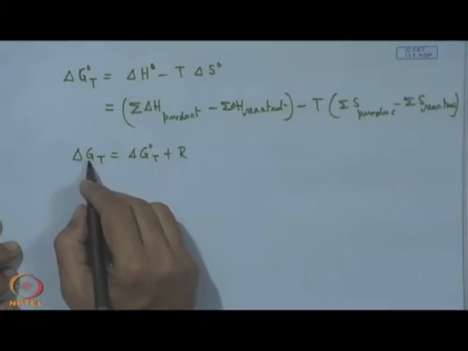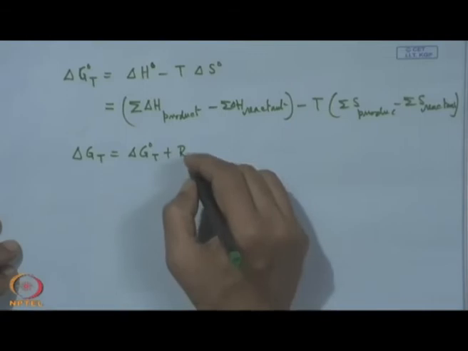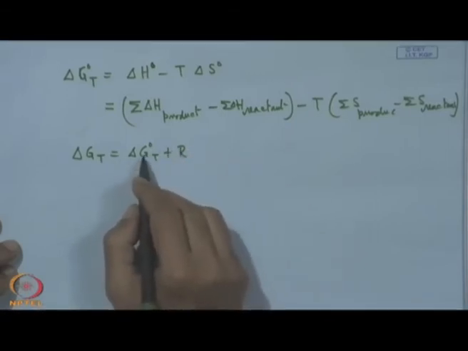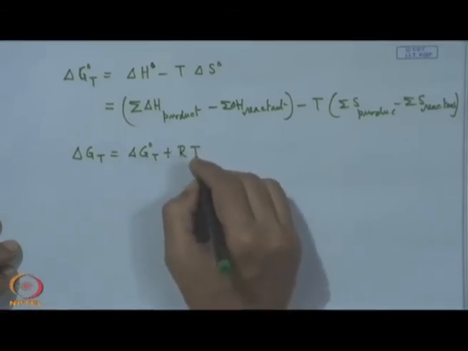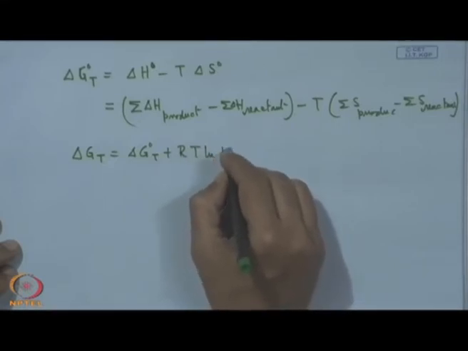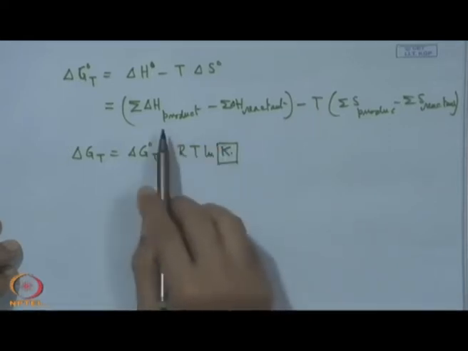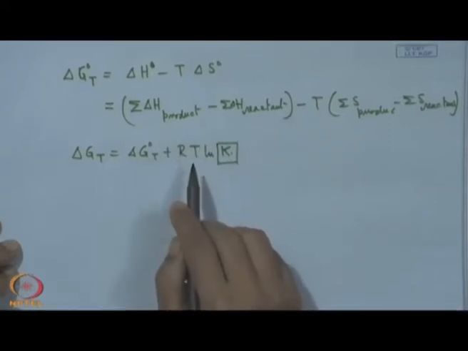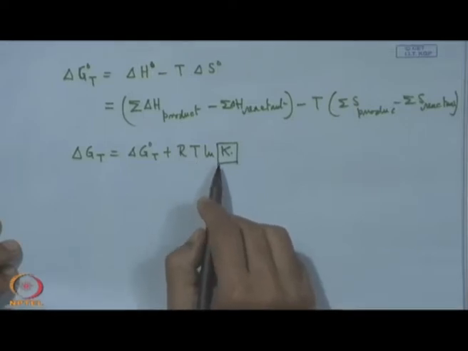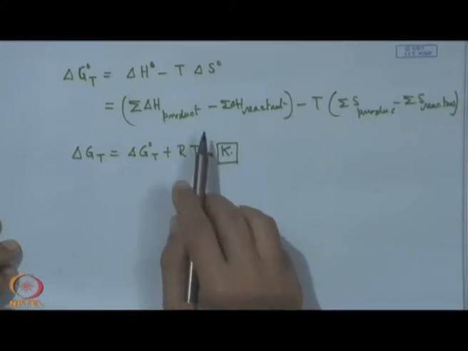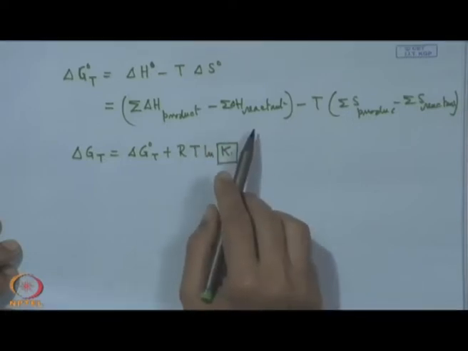So, this is actually at the particular pressure in question where the CVD is conducted, equal to delta G 0 T plus R T into ln K, where K is the equilibrium constant. So, this has to be taken care of considering the stoichiometric coefficients and respective thermodynamic property, and with that we can find out what is the temperature.